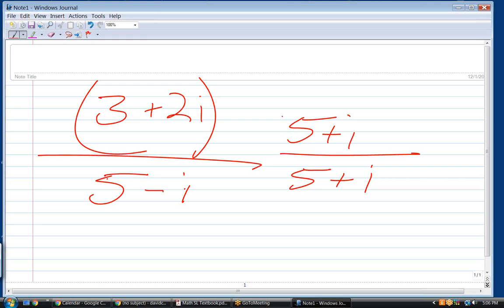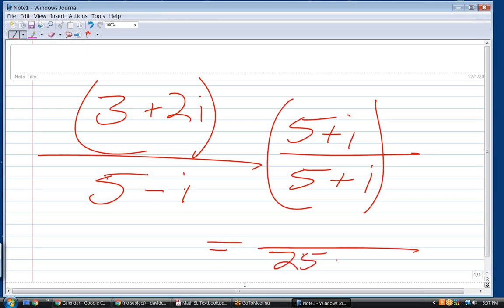When I multiply top and bottom by the conjugate, I'm turning the bottom into a real number. The bottom is going to become 25 minus i squared, which is plus 1. So the bottom becomes 26. It's now a real number.